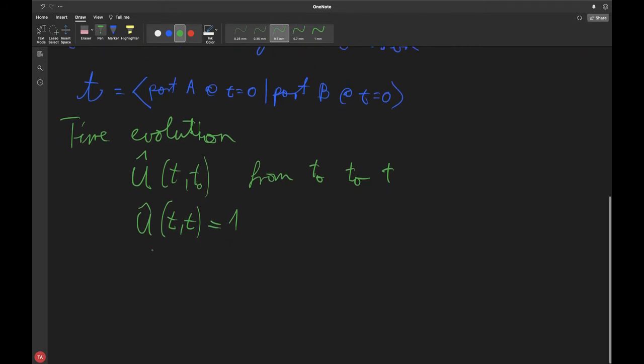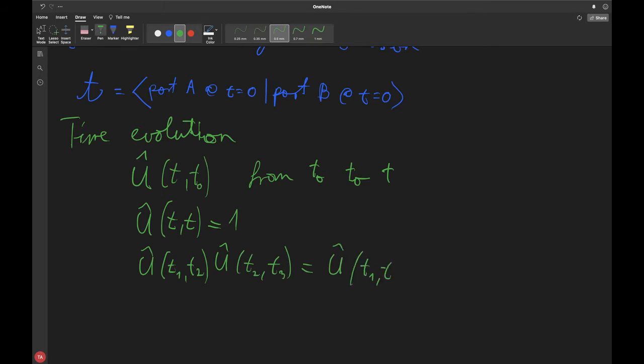Also, we could think about that if we do an evolution from a t1 time to a t2 time, and then we do an evolution from the t2 time to a t3 time, that's essentially the same as doing an evolution from the t1 time to a t3 time.